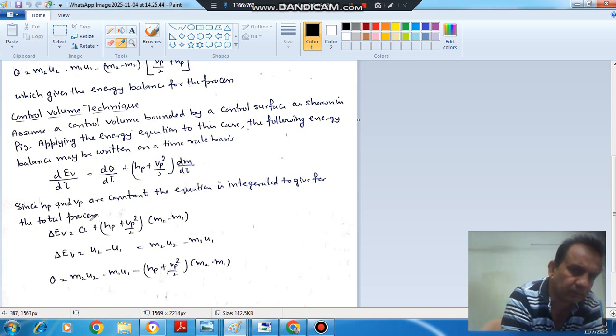Or delta Ev is M2 u2 minus M1 u1. So Q will be M2 u2 minus M1 u1 minus (hp plus Vp square by 2)(M2 minus M1). So this will be Q.